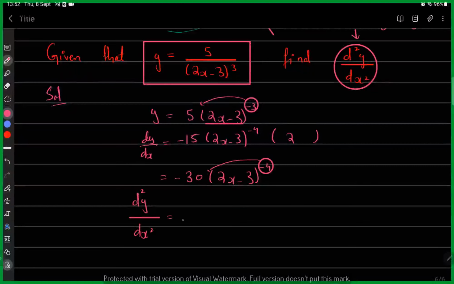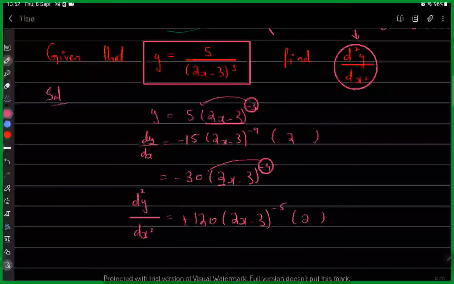This would be positive 120 into (2x minus 3). In the power, we have minus 4 minus 1. That would become negative 5. And I would be multiplying this with the derivative of whatever I have inside these brackets. That is 2.